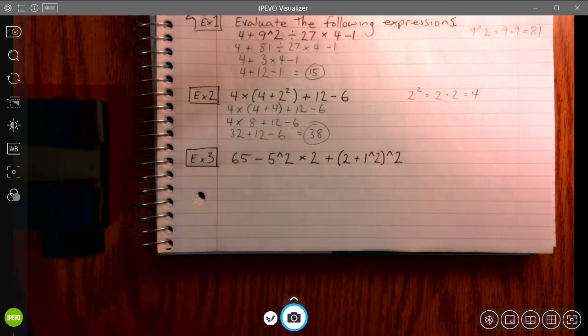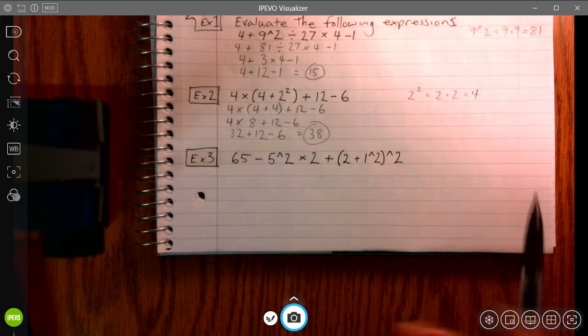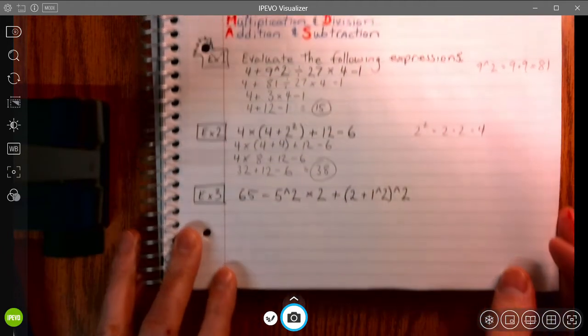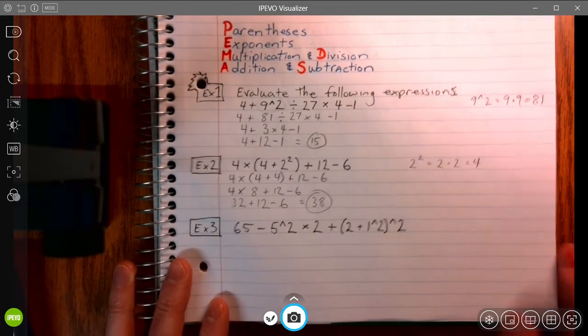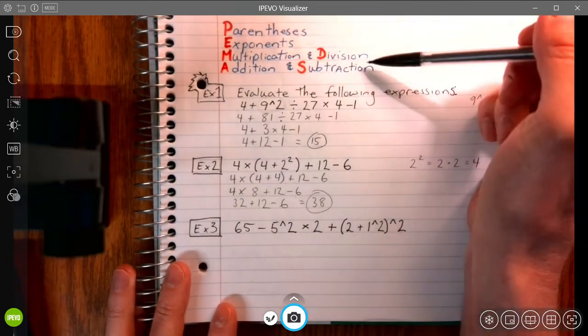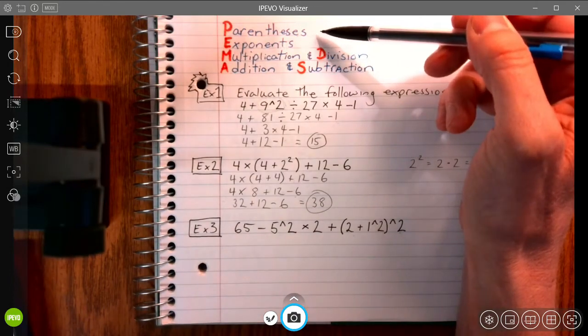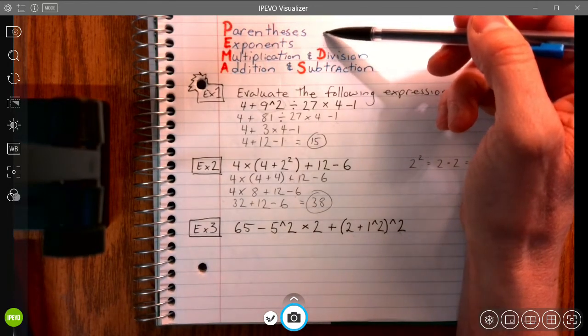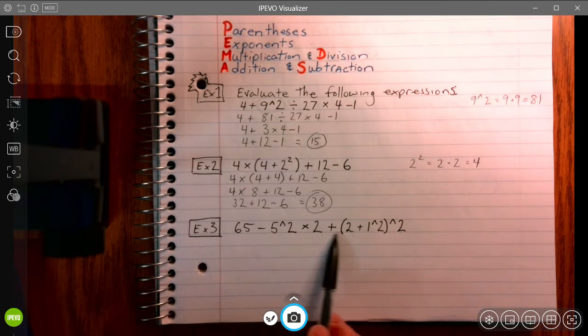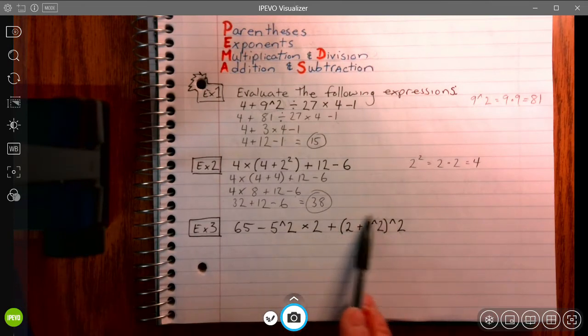Say that 5 times fast. It may look complicated, but as long as we use PEMDAS, we'll be okay. My first step is to clean up any parentheses that I have. So going left to right, I look for the parentheses, and I clean up what's inside the parentheses.